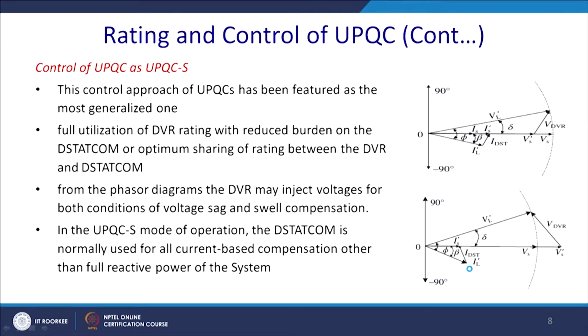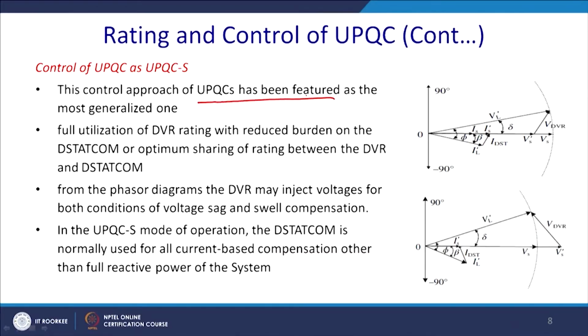So, in the control of the UPQC, we try to optimize essentially the rating of the UPQC P as well as UPQC Q. In this control approach, the UPQC has been featured as the most general one.